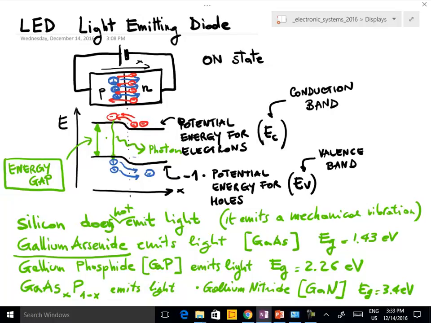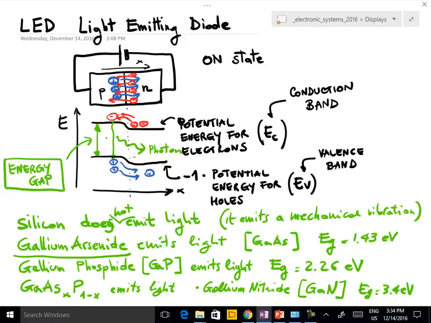But if you want to have a gallium nitride LED, since the energy gap of gallium nitride is much larger, 3 times the energy gap of silicon, and since you want an intense light, you typically have to apply 4 to 5 volts to the LED. Okay, so you typically need 4 to 5 volts in order to put the LED in the on state and to have a significant light.